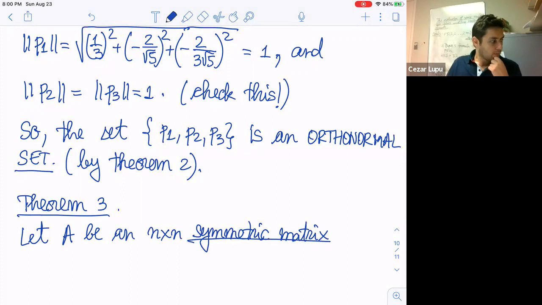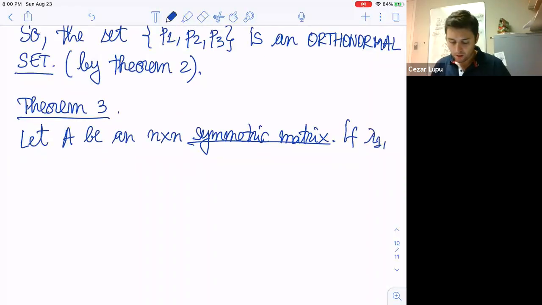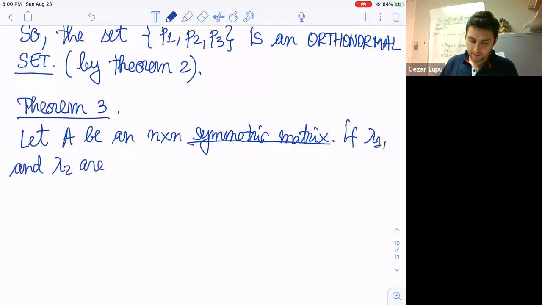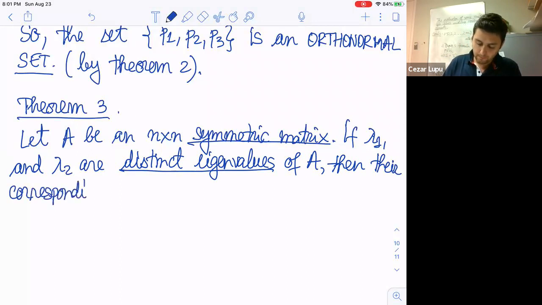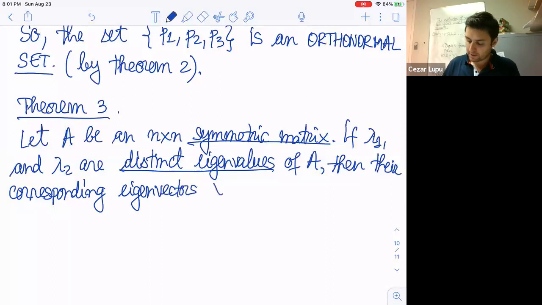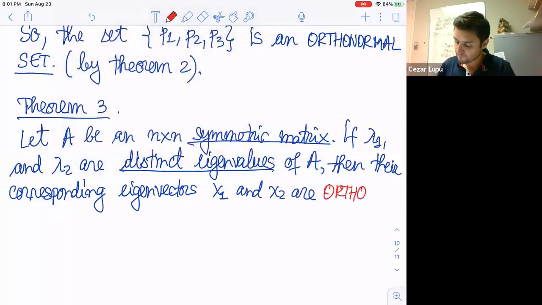If lambda 1 and lambda 2 are distinct eigenvalues of my matrix A, then their corresponding eigenvectors, let's call them x1 and x2, guess what, are orthogonal. This is a very important theorem.